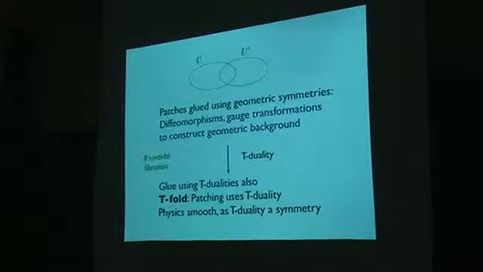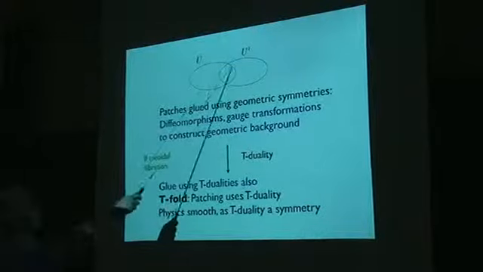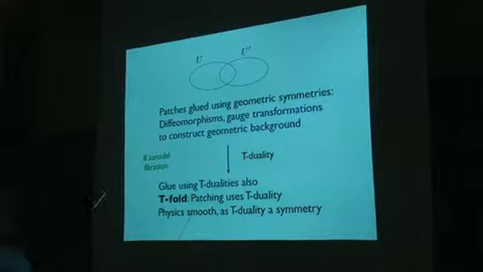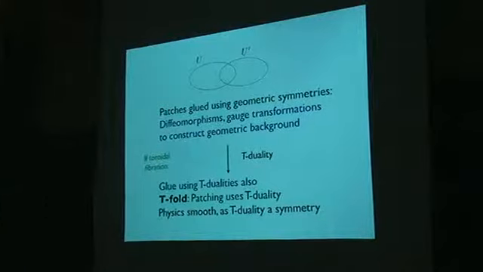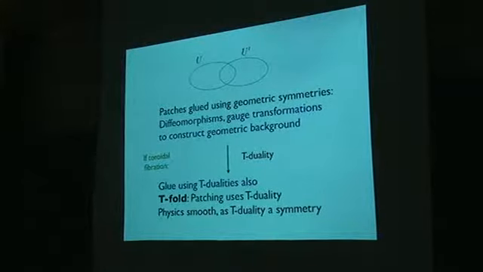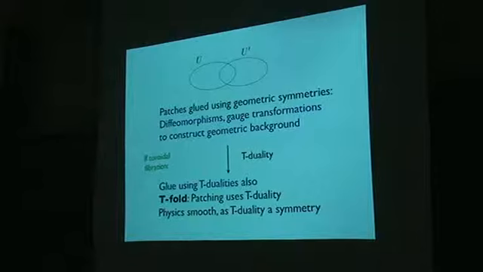Now, suppose in that structure we now perform a T-duality. So we're assuming that these patches have all got the form of torus fibrations, so that there are isometries we can do a T-duality with respect to.